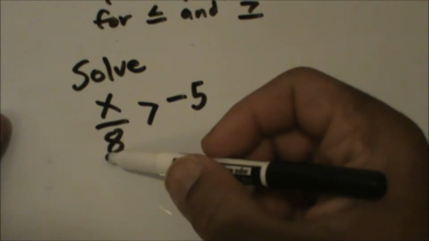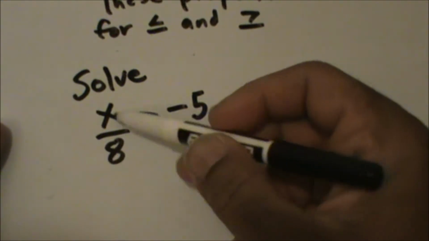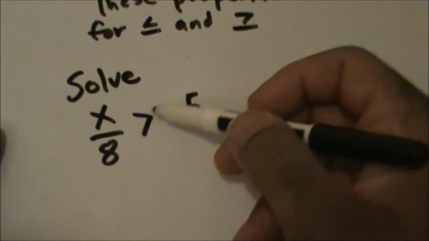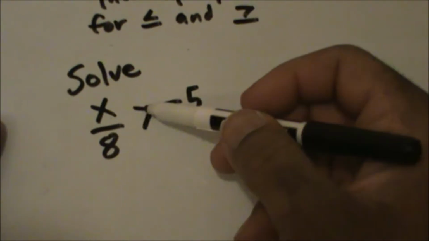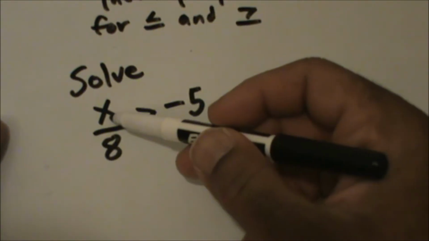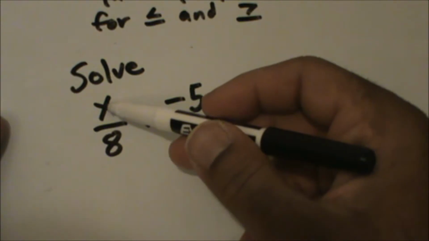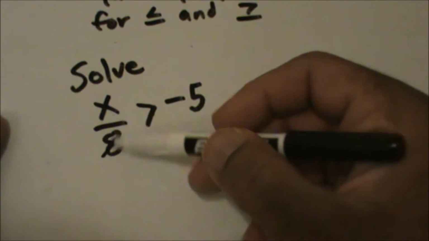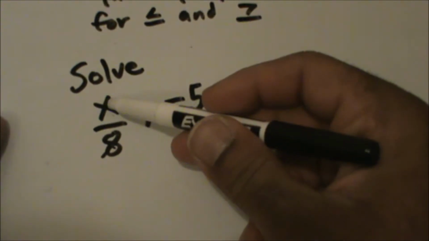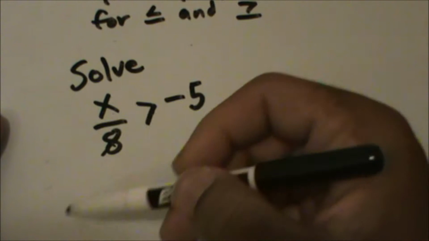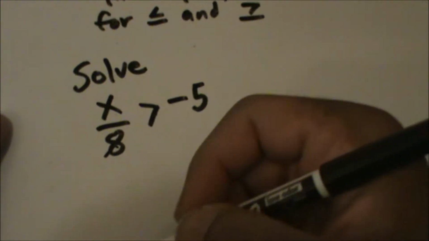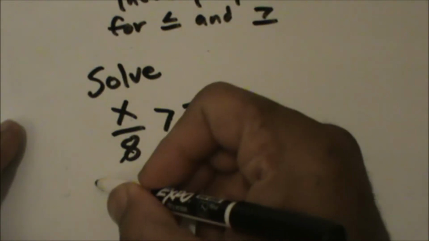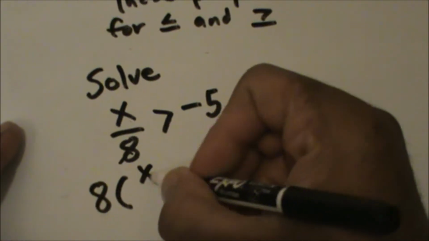An easy hint is that whenever you see this form, you multiply by the whole number in the denominator. So you're going to multiply by 8 on both sides.